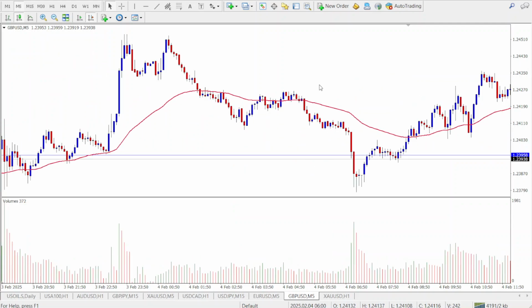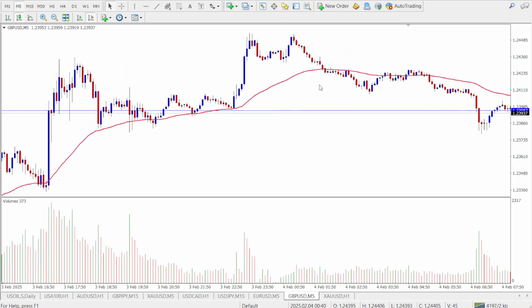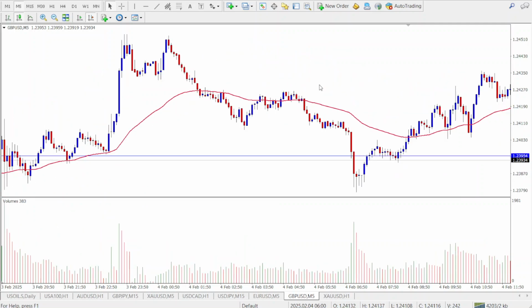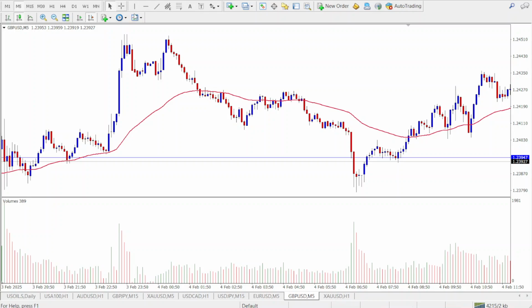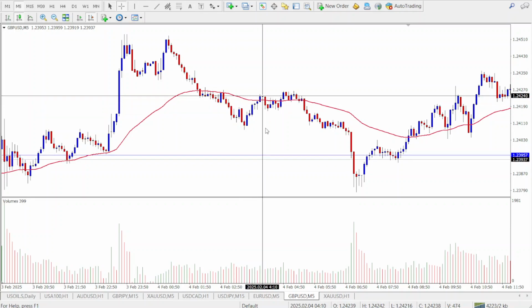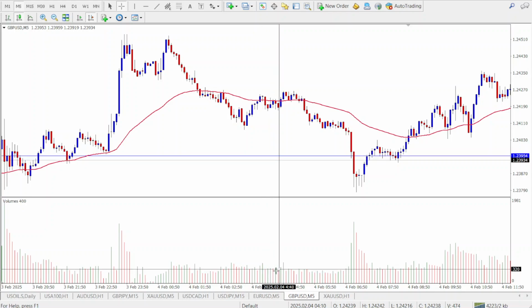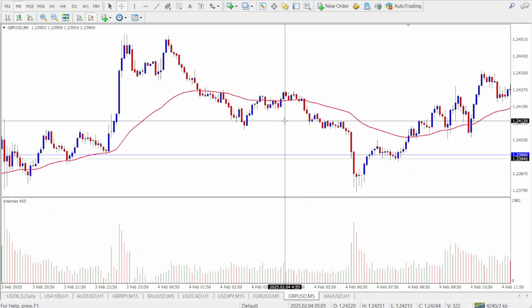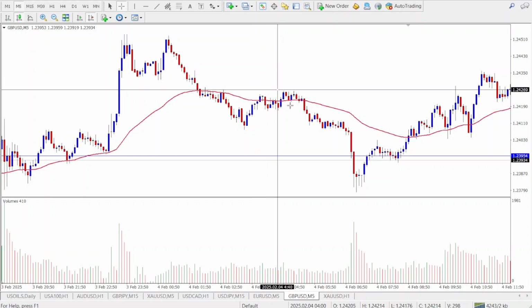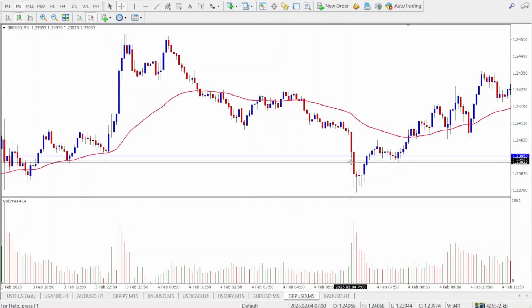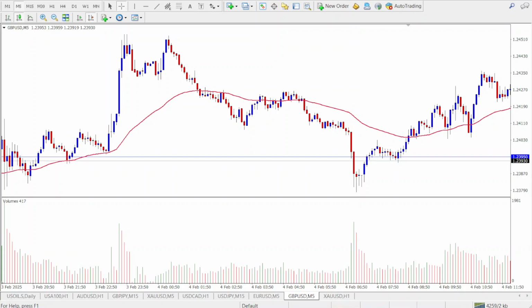Now, let's look for another example. We can see here the price crossed above the moving average, but the volume stayed low. And what happened next? The price faked out and dropped back down. Can you see that? So, this is the power of combining moving averages with volume.